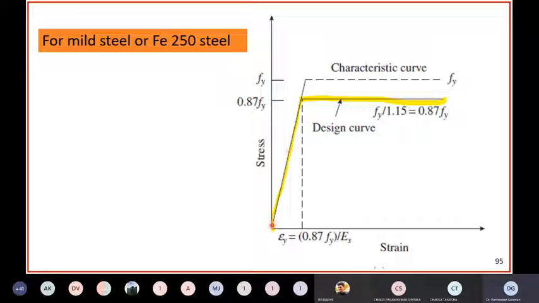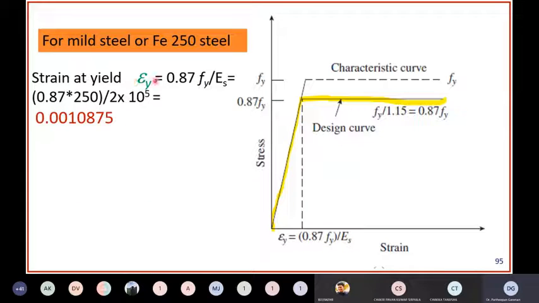The slope of this initial linear part will give you the Young's modulus of steel. So Young's modulus is stress by strain, and strain is equal to stress divided by Young's modulus. So strain at yield epsilon y is equal to 0.87 Fy divided by Es.